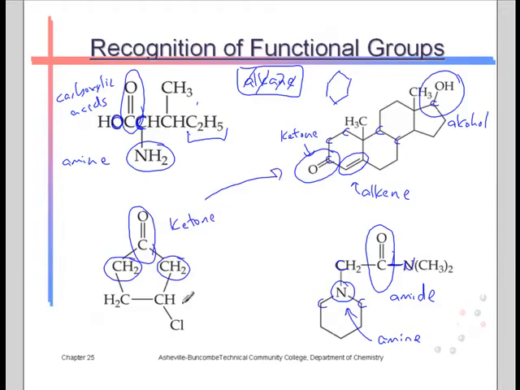And then the other functional group that we haven't seen in the last presentation, I don't believe, is this one here, and that is a haloalkane. So again, some other atom besides carbon and hydrogen is what you should focus your attention on when you start tracking down these functional groups.